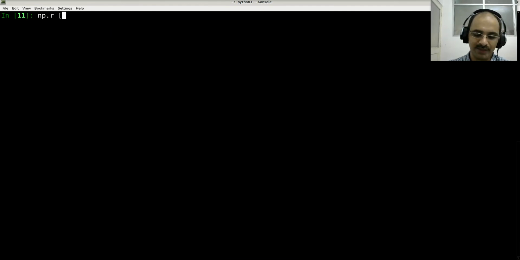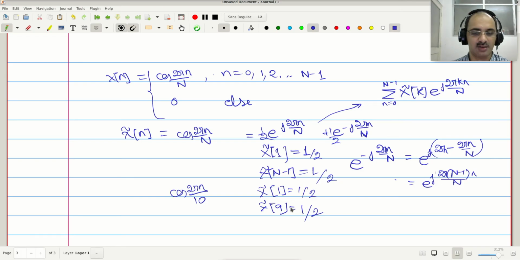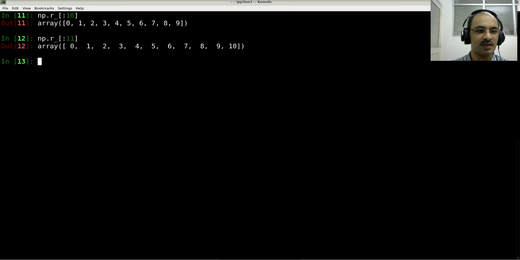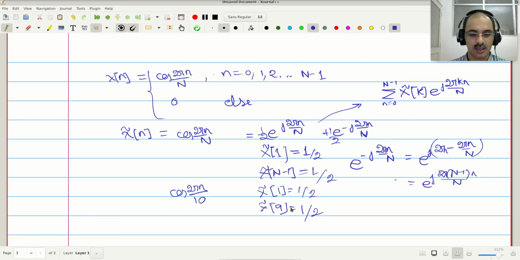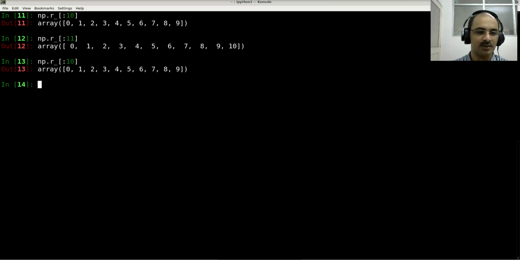I'm just going to use np.arange to go up to 9, so I chose N as 10. If I say N is 10, then it should go up to 9, because there are 10 samples. I should just do np.cos of 2 into np.pi into n by 10.